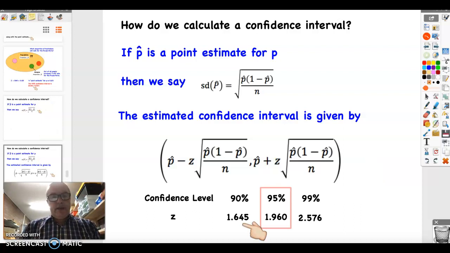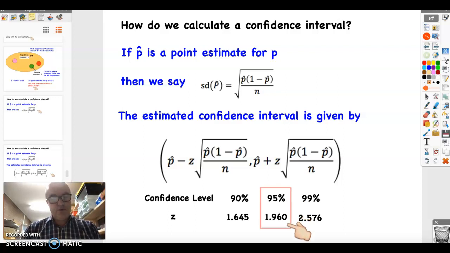That value of z depends on the confidence level that you choose. So you could choose a 90% confidence level, and that means we're going to use a value of z, in other words 1.645 standard deviations. 99%, we would use a little over 2.5 standard deviations. One that's very commonly used is the 95% confidence interval, and we use 1.96.